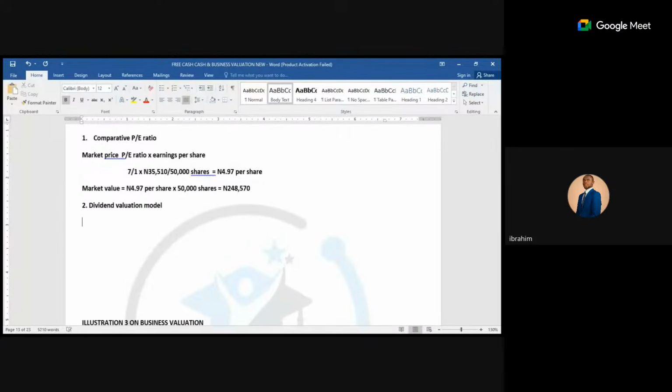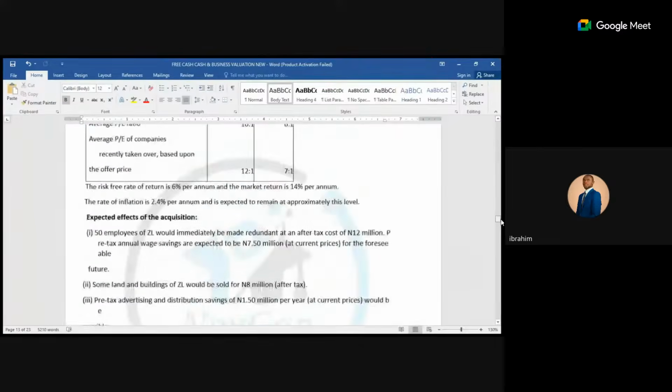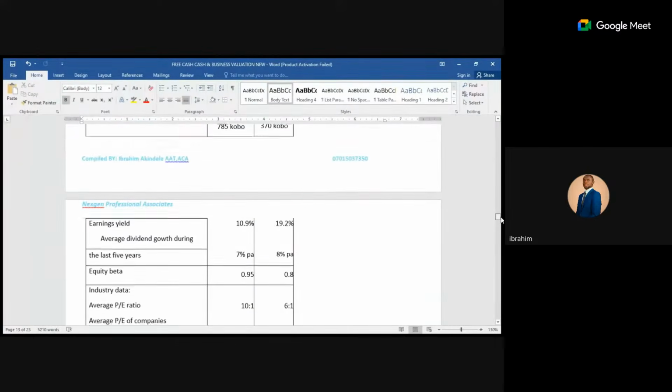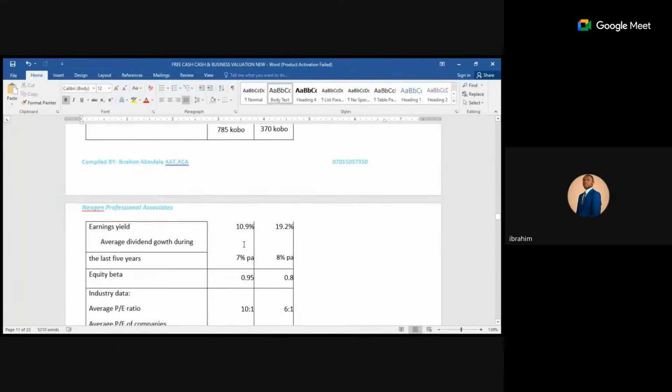Now the question is, is it dividend with growth or without growth? Okay, let's check it out. Average dividend growth during the last 5 years. So what do we have?